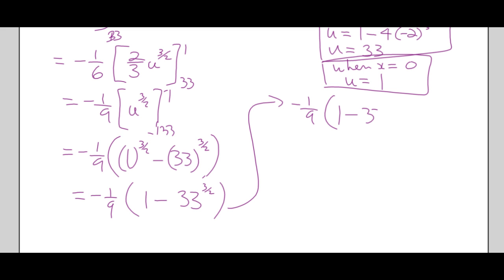So it's 1 minus 33 root 33. Now we've got that negative 1/9, so we'll just distribute the negative in. Leave the 1/9. Reverse the signs here. And end up with that as an answer, right?